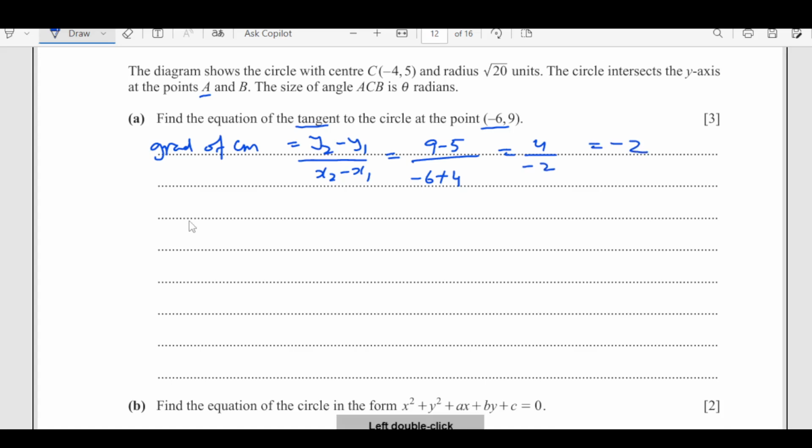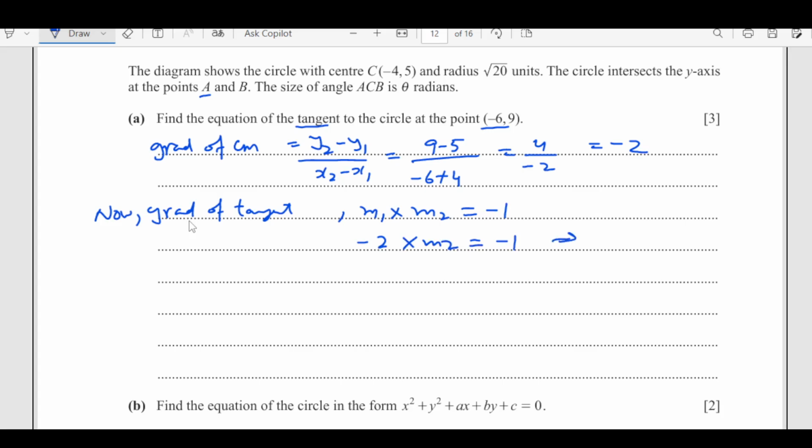So now the gradient of the tangent that we are looking for, because the tangent is perpendicular to this, for that we have m1 times m2 equal to negative 1. So this is negative 2 times m2 is equal to minus 1. So from here we get m2 as 1 over 2, right?